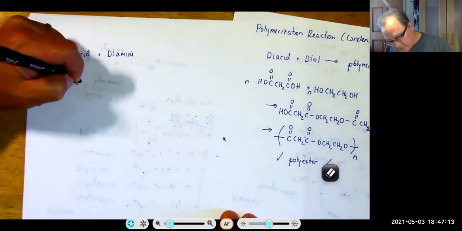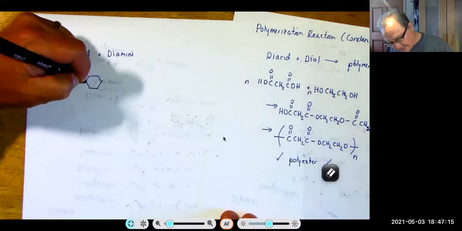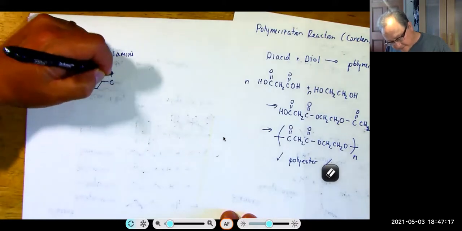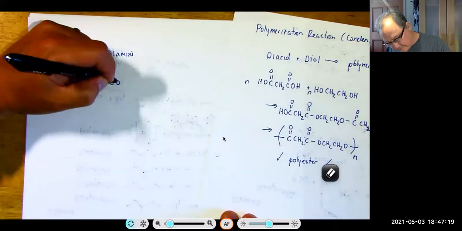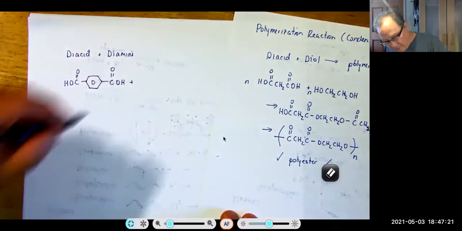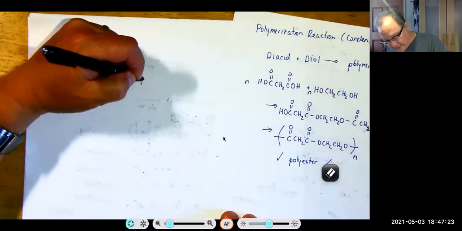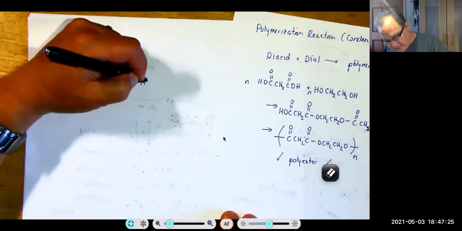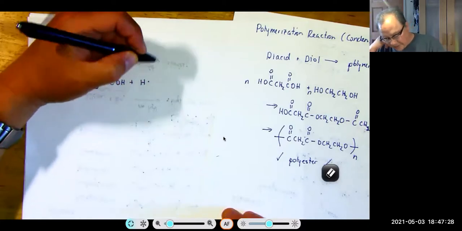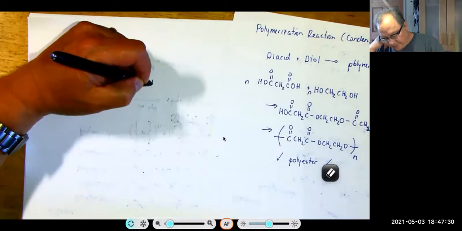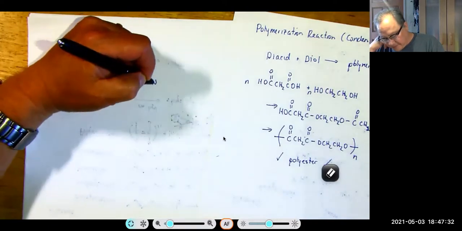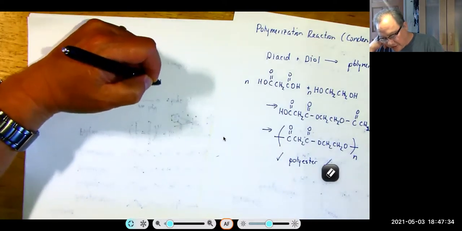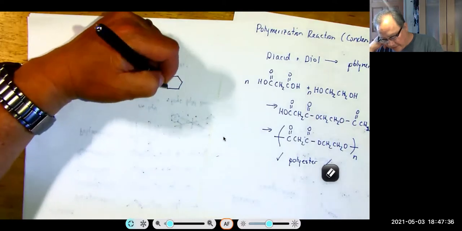And in between here, I'm going to put an aromatic ring like this. And for my amine, I'm going to put, let's see, what do I want to do here? H, and then I'm going to put NH, and then I'll also put an aromatic ring in here.